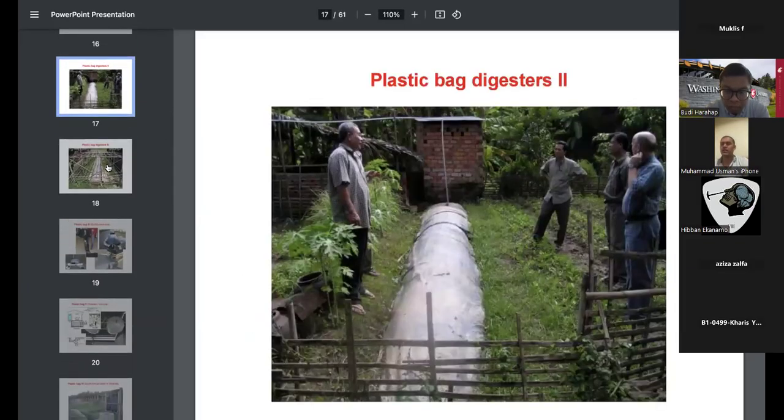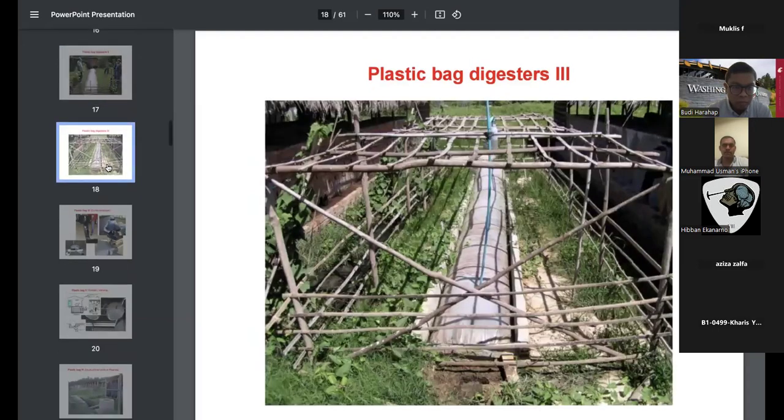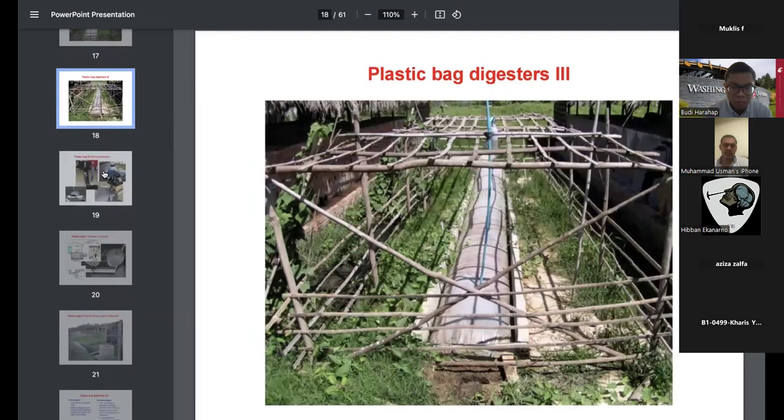Okay, so there are some pictures from different parts of the world. This is a plastic bag digester. And this is another plastic bag digester.